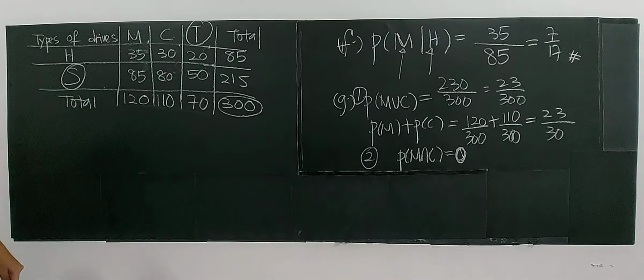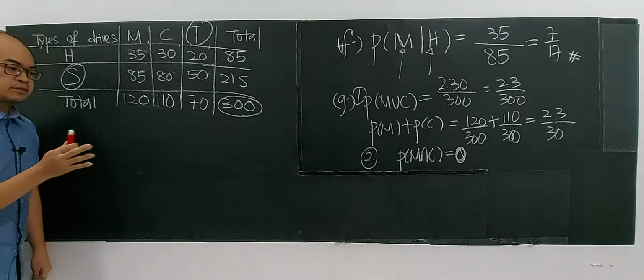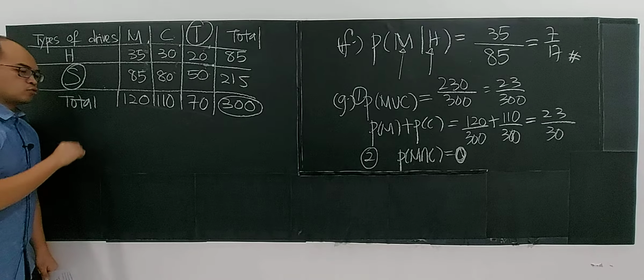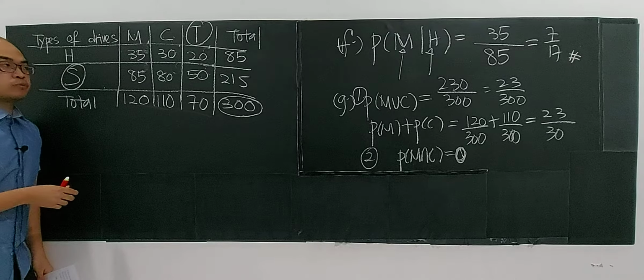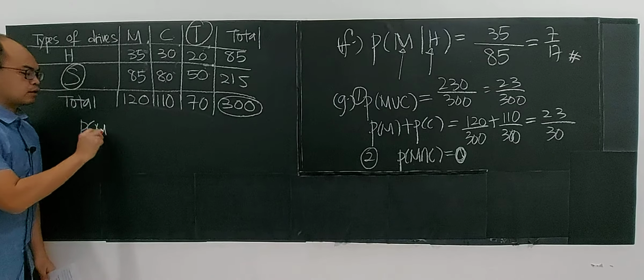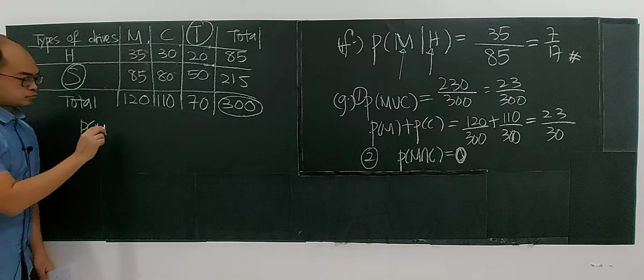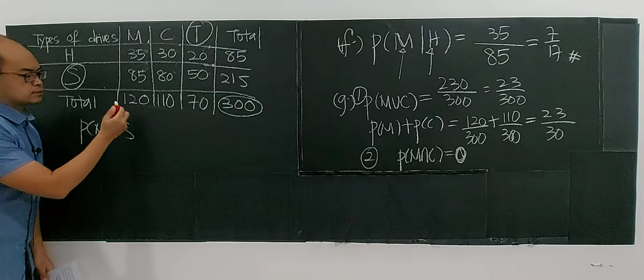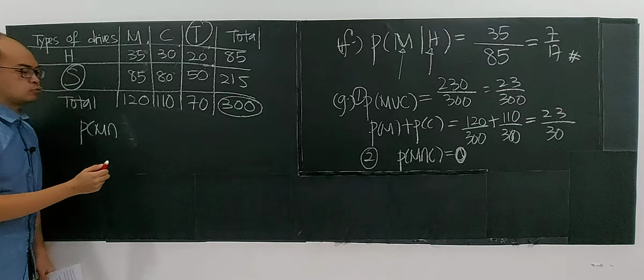Is it independent? Very simple. You have two ways. I have shown you quite a number of videos about this. Now I'm using the other way, which is the probability of T intersect with S.